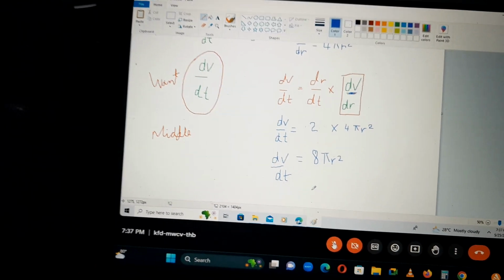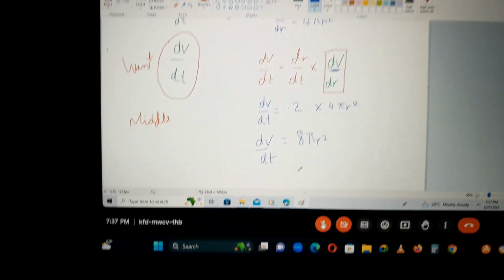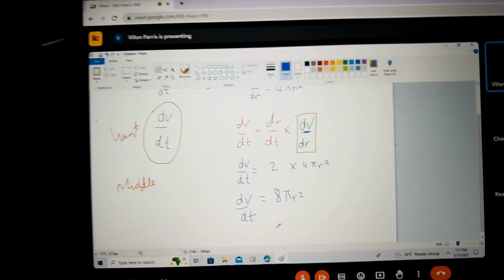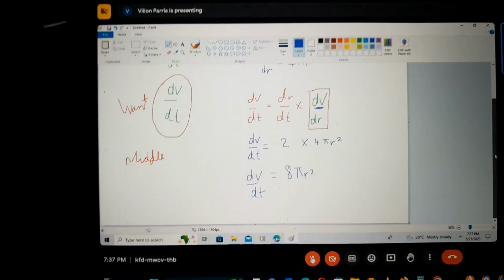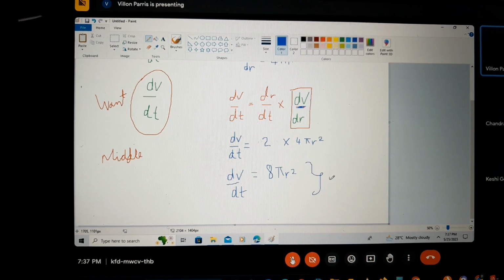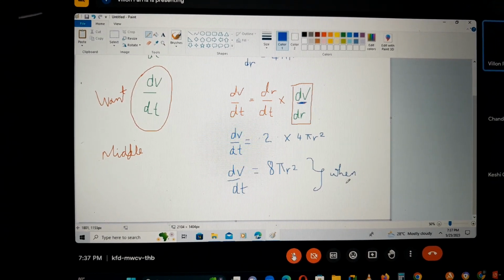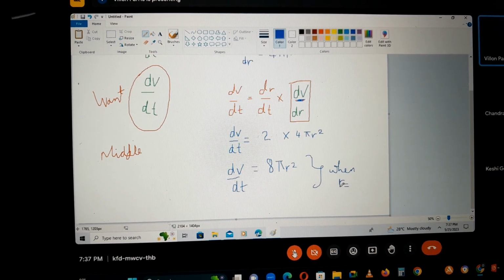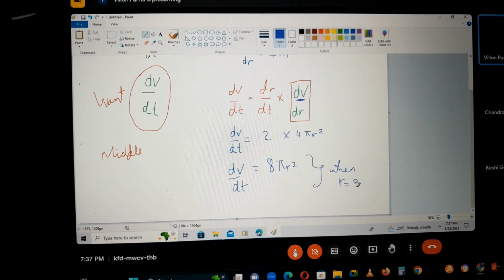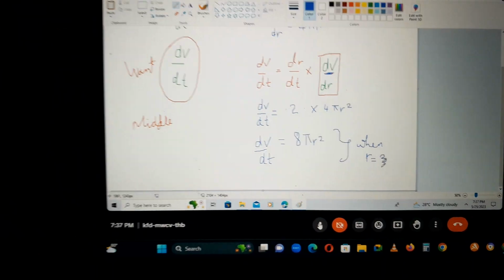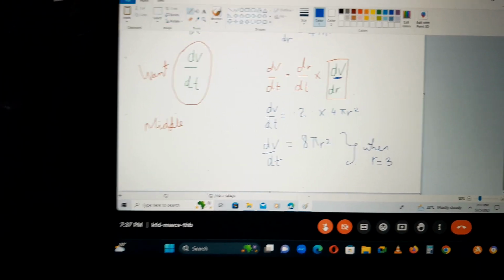But they ask us for a specific time. They want it when the radius is equal to, look back at the question. When r is equal to 3 cm. Very good. So what do you think we'll do with that 3? Substitute it in the r. Very good.